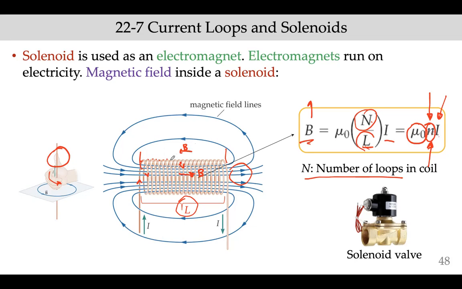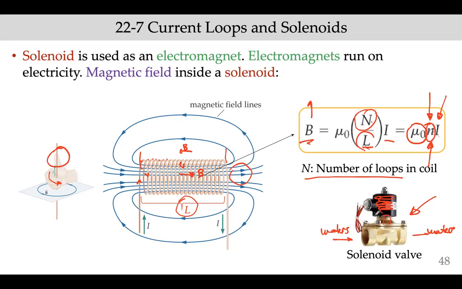These electromagnets are really used in diverse areas. For example, you can have a solenoid valve like this. There's water here. Water gets in and water gets out if this is open. This basically has a coil inside, and there's also some metal.